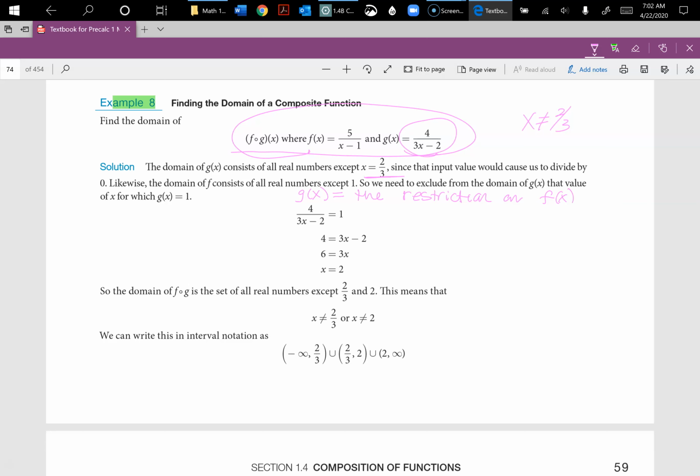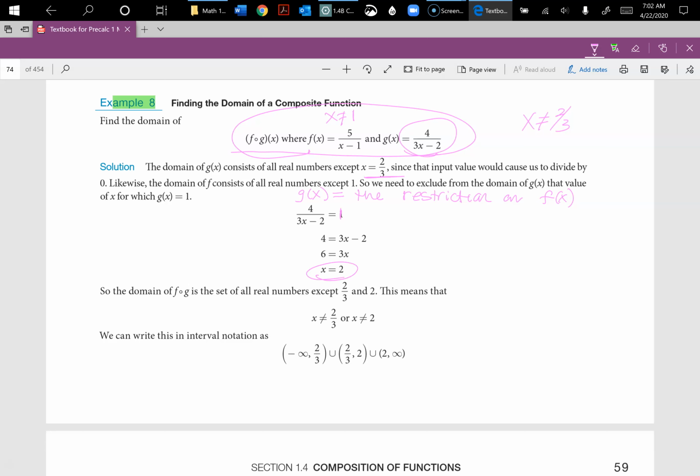So we can't have x equal to 1, so x not equal to 1, so we plug that in here. So g of x can't equal 1, so it's not that we're finding the domain restriction for f itself. We're actually finding when g would be f's domain restriction.